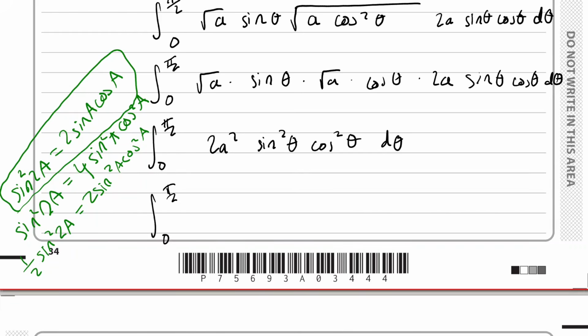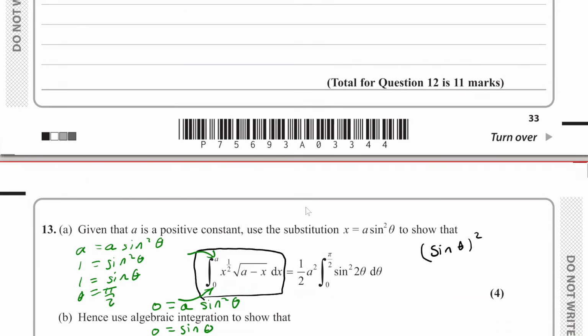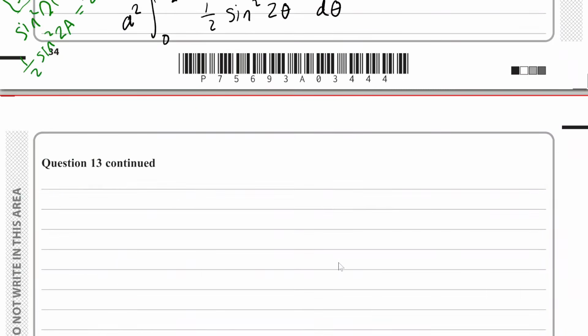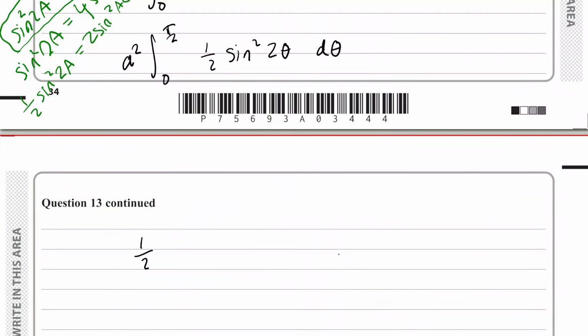So I've got a squared, let's bring that on the outside, times 2 sine squared theta cos squared theta, which I can change into half of sine squared 2 theta. What do I need to do? Just bring the half to the outside and it's done. So half a squared, between pi over 2 and 0, of sine squared 2 theta with respect to theta.